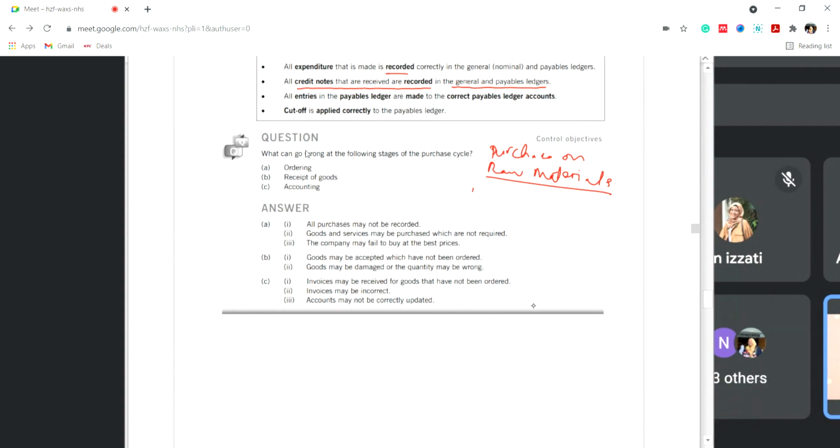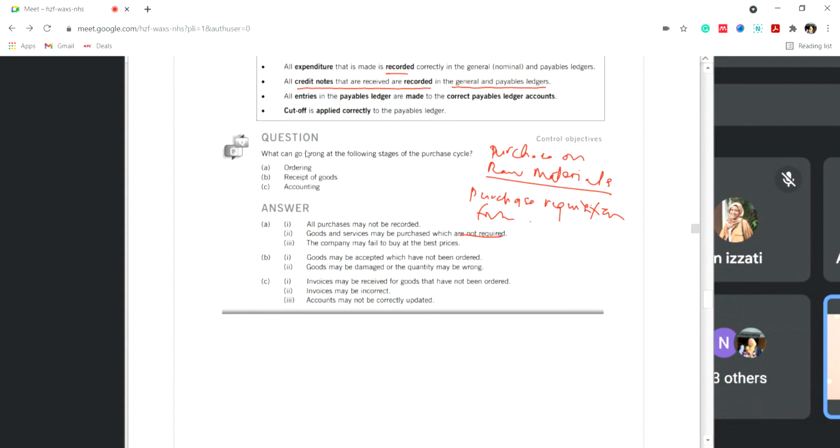Okay, the purchase requisition form. The purchase requisition is meant for the purchase of material. So if the purchase requisition form is not properly prepared, then goods and services may be purchased which are not required.